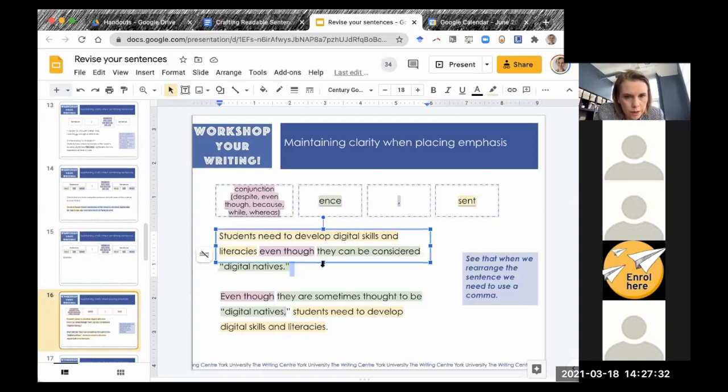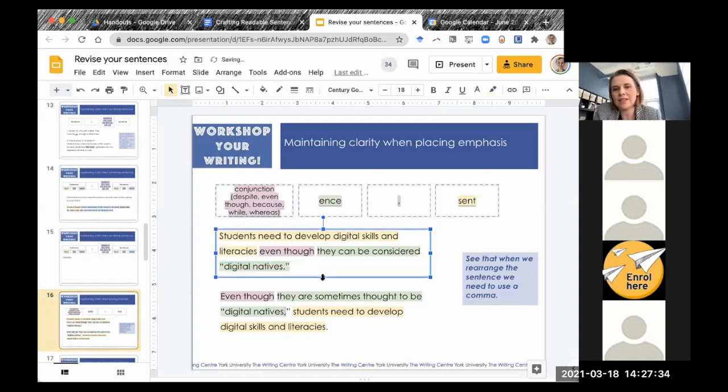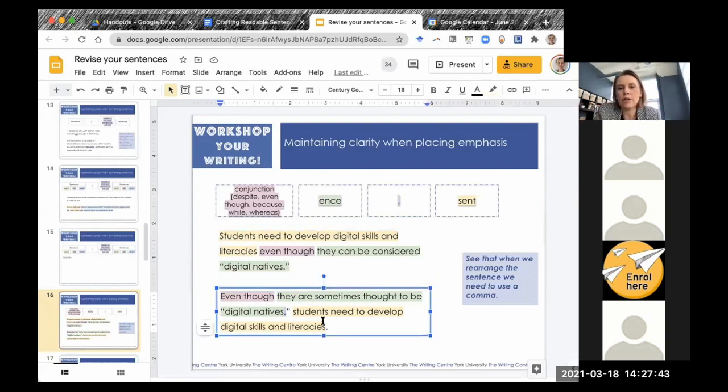What you're doing here is taking a sentence, you can see I've rearranged it, and you're putting the end of the sentence first, and that causes you to introduce a comma, and you're using what's called a subordinating conjunction. Subordinating conjunctions are words like despite, even though, although, or because, right? You can start a sentence with because, but you have to have a comma after the first half of the sentence.